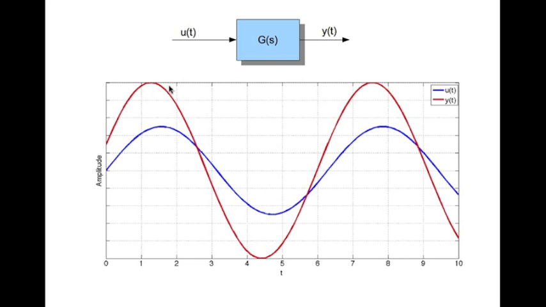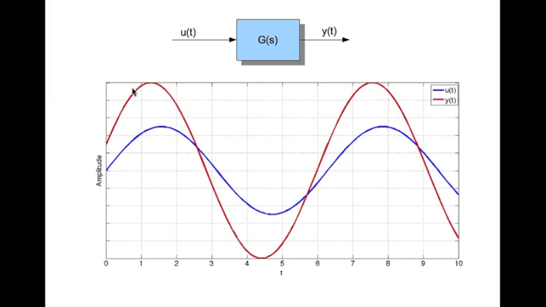So what does this actually mean? If you have a linear time invariant transfer function, a system like this, you give an input u of t and get an output y of t. This is how it's going to look if the input is a pure sinusoid. Here the blue is the input, which is a pure sinusoid.